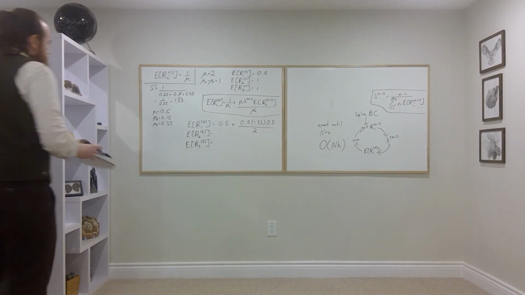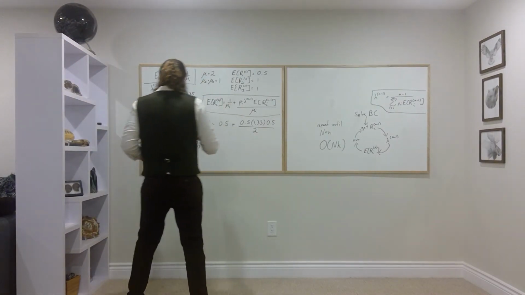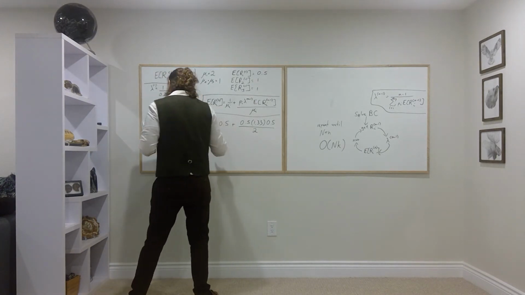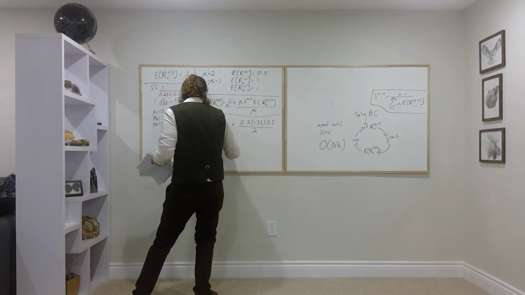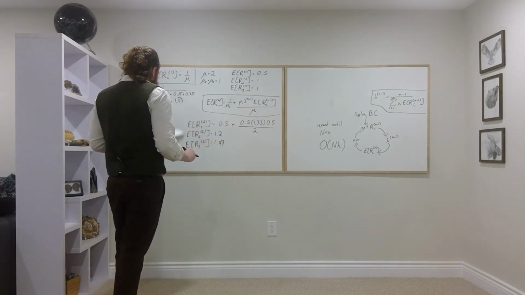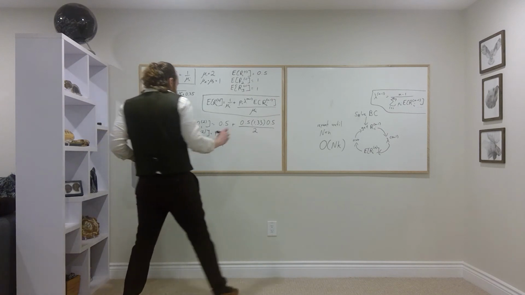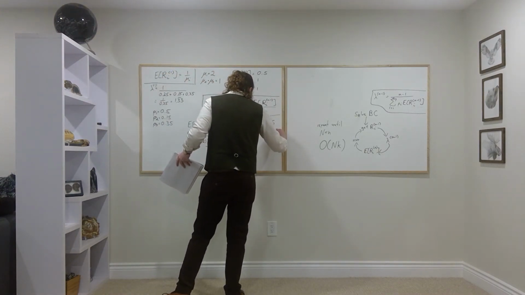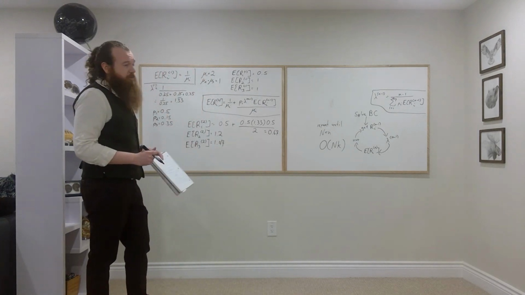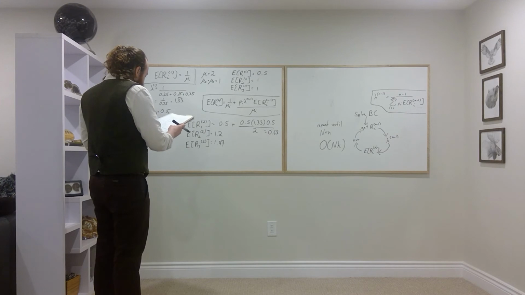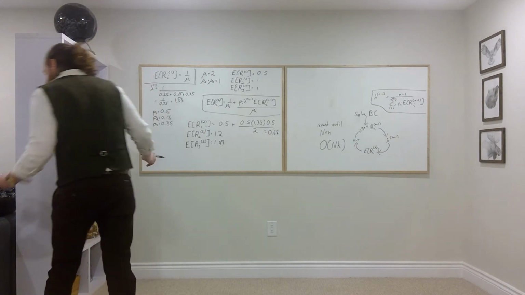And double check my math, but I think this one equals 1.2, and this one equals 1.47. And if I can read my messy writing, I think this equals 0.67. The numbers look like they could be right, but again, double check these for me. It's very easy to make mistakes with this type of stuff.